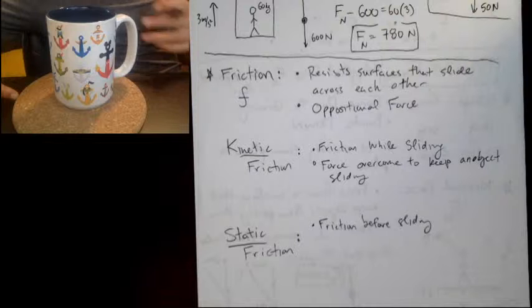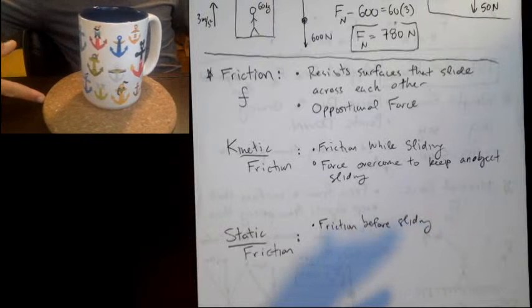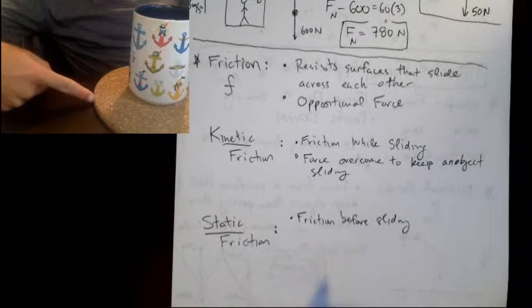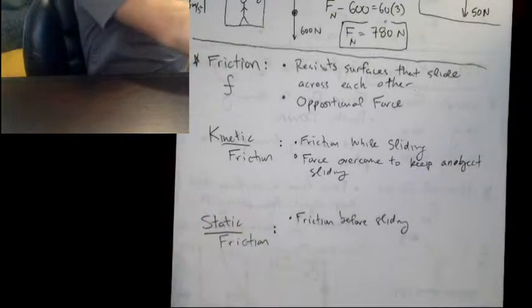That is because I have not overcome static friction. There is a force fighting back against my push, and that is called static friction. If I push hard enough that it starts to slide, now I have kinetic friction. But if I'm not applying enough to slide it, I'm fighting against static friction.